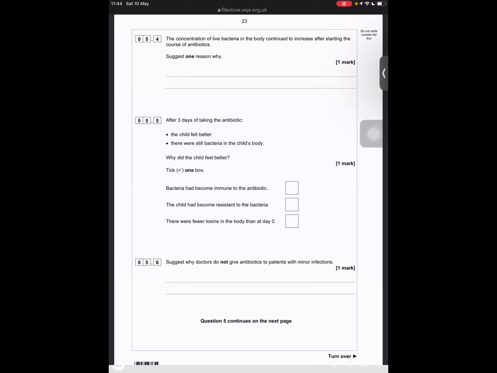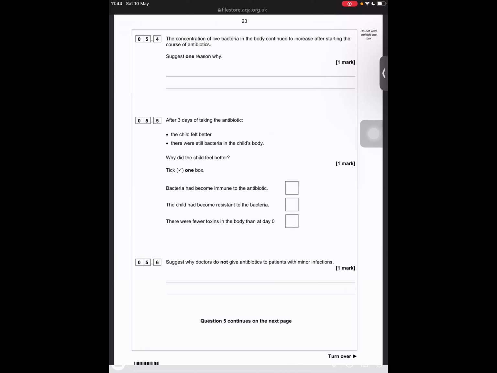So let's see, what does it say? It says after 3 days of taking the antibiotics, the child felt better. There was still bacteria in the child's body. Why did the child feel better? Number one, it says the bacteria had become immune to the antibiotic.